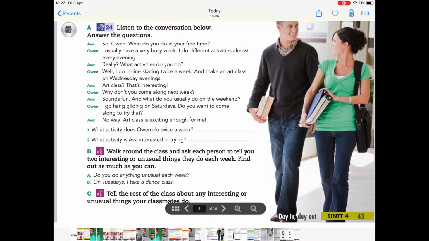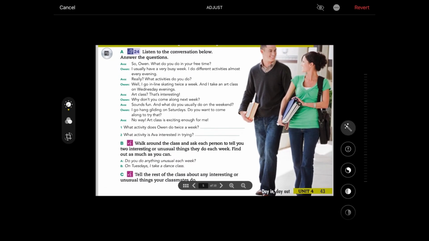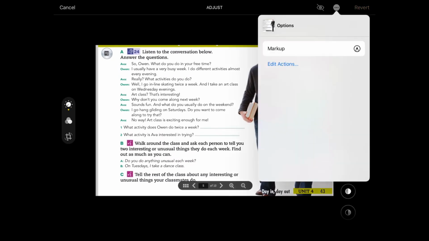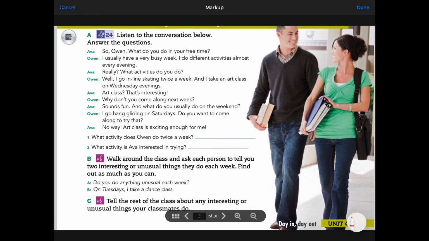Okay, so they are talking about something unusual that they do during the week. Do you guys do something unusual during the week? Something unusual. I go for a walk every Sunday morning.